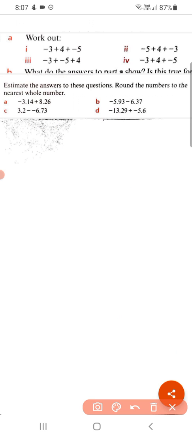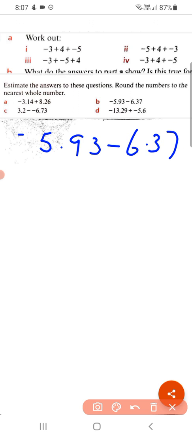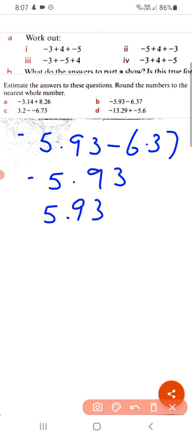Let me explain a few examples. Next is negative 5.93 minus 6.37. Negative 5.93. Round 5.93 to the nearest whole number.